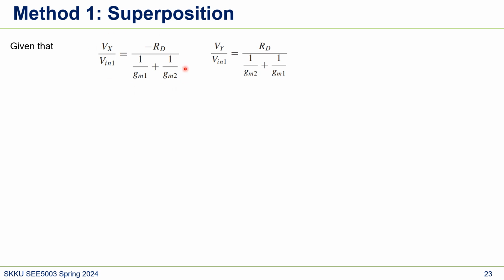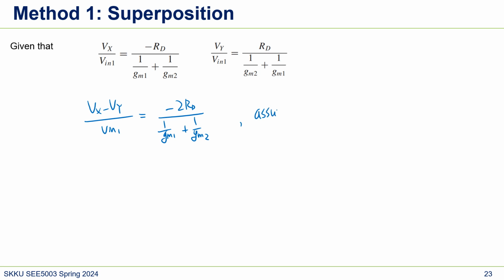So we got these two equations, and what we want is Vx minus Vy over Vin1, and that will be minus Rd, 2Rd, and 1 over Gm1 plus 1 over Gm2.